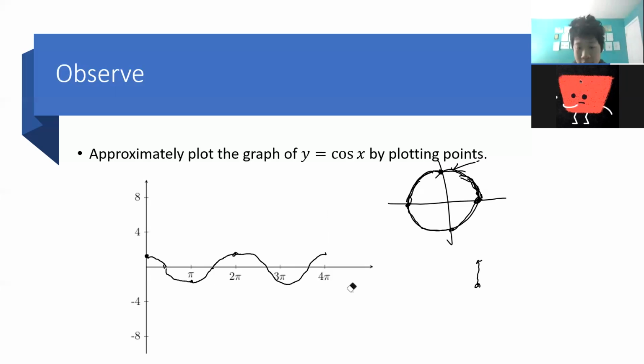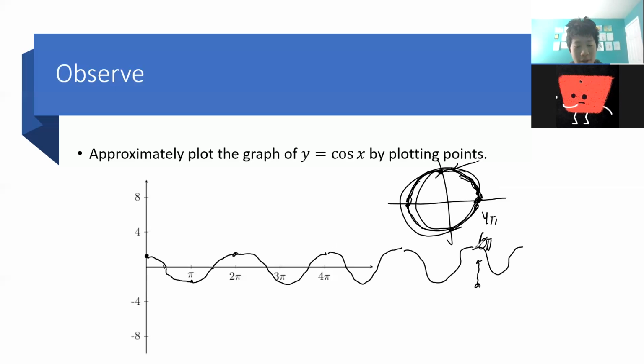If we keep going, we're going back to the original at 4 pi, and we can go again to 6 pi. So every 2 pi, we can draw this little U shape. It can keep going on and on forever. So that's the graph of y equals cosine x.